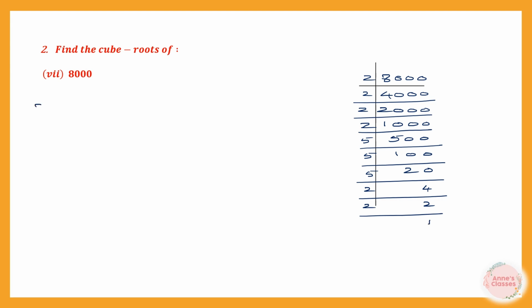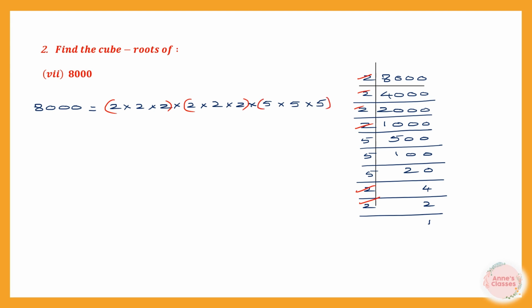Now let's write all the factors of 8000. Let's count all the 2's. So we have 1, 2, 3, 4, 5, 6 twos, and then we have 3 5s. 1, 2, 3. Now put them in triplets. 1, 2, 3. Then again we have 1, 2, 3, 1, 2, 3.